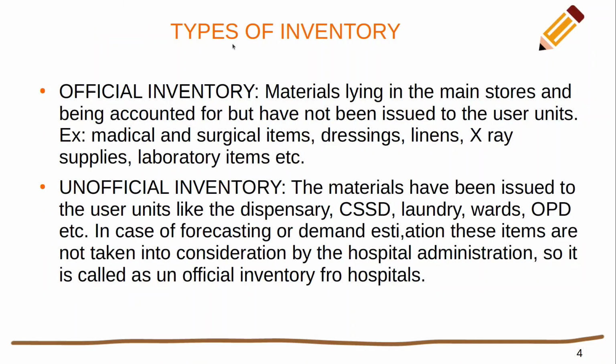Next, types of inventory: official inventory and unofficial inventory. Two types are there. What is official inventory? Materials lying in the main stores and being accounted for but have not been issued to the user units.